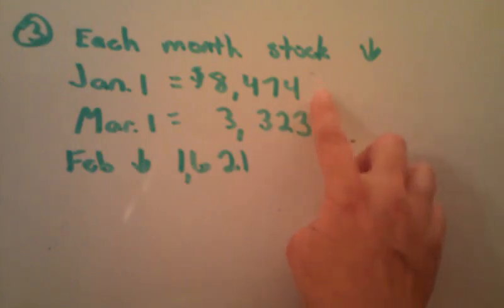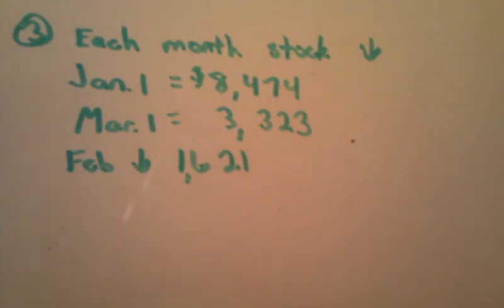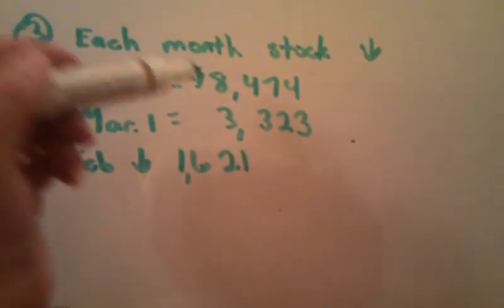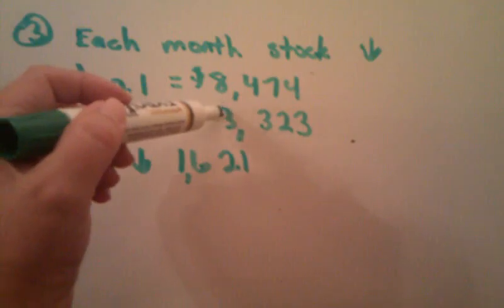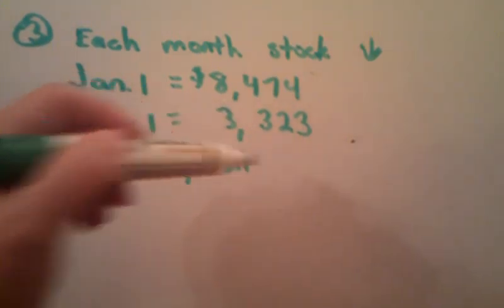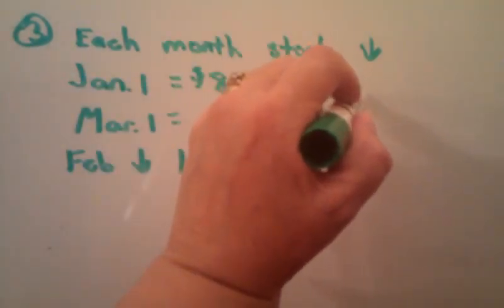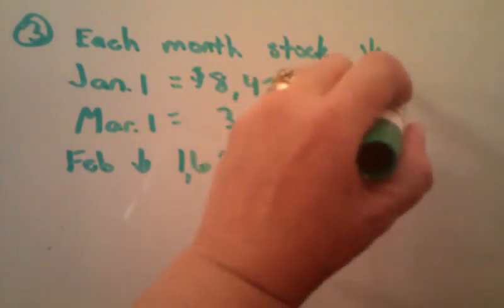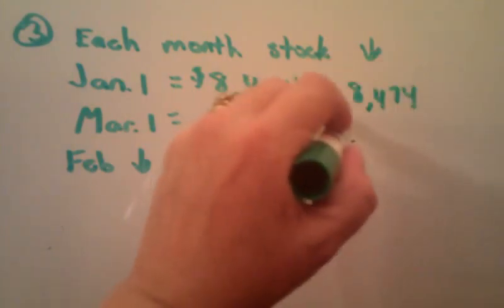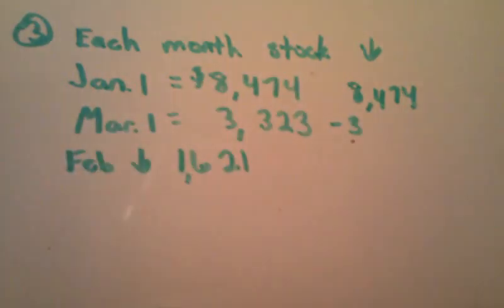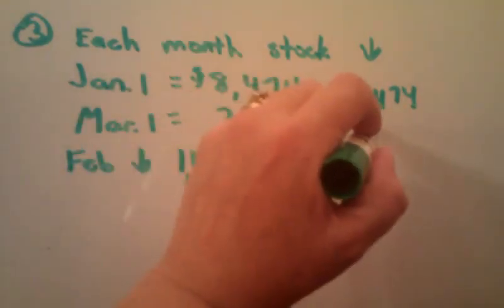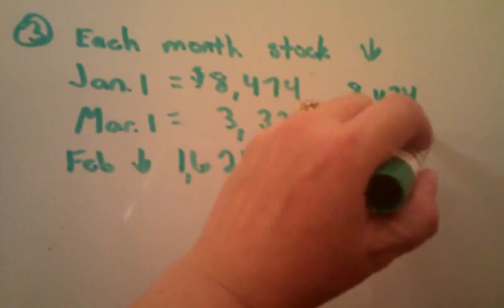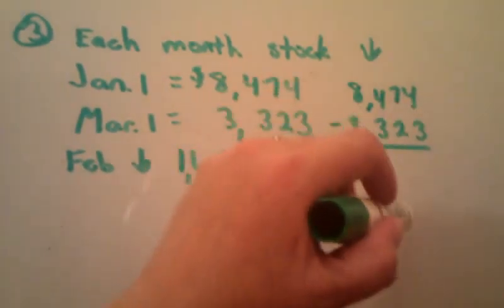So how much was it at the end of February? Let's do it this way. There are several different ways that you could do this. From here to here, if it's decreasing, let's subtract it, okay? So if I have 8,474 minus 3,323.